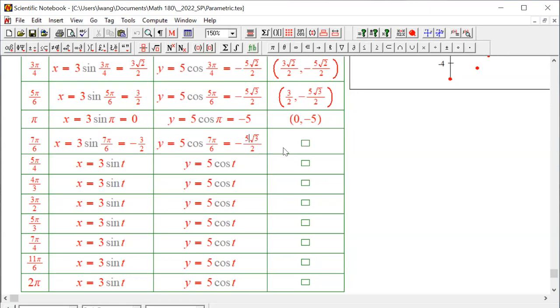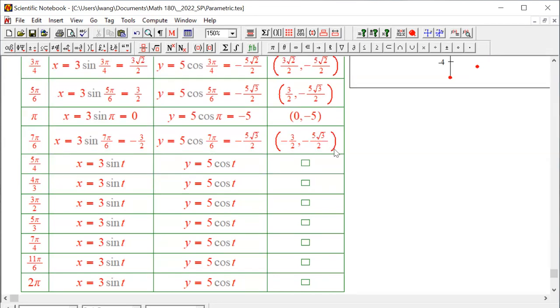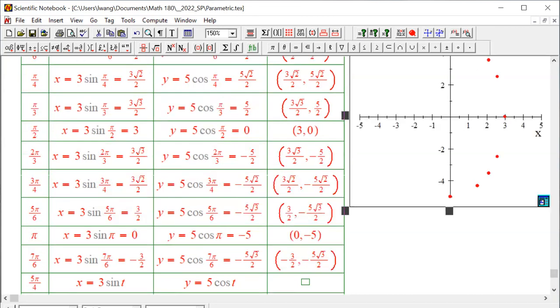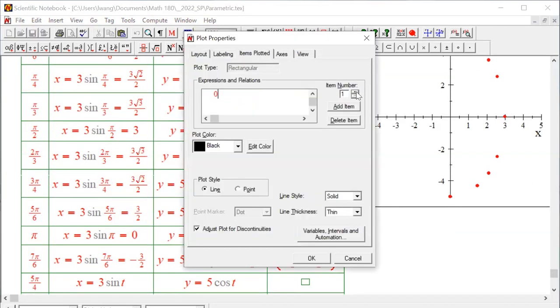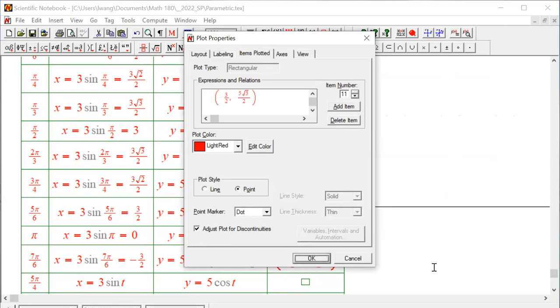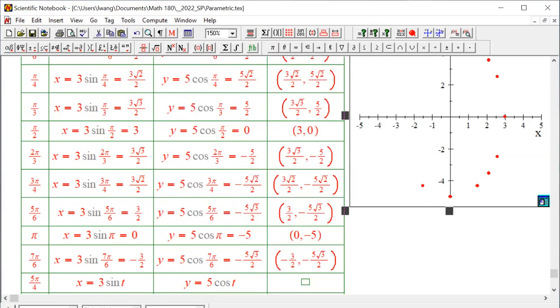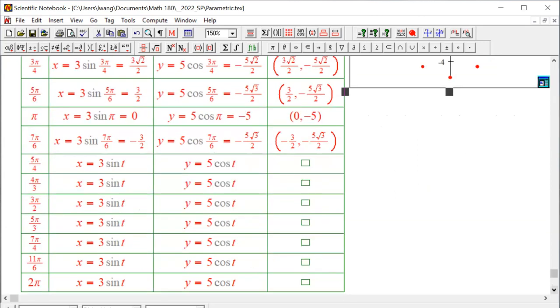And here we go, we got another point: -3/2, -5 times √3/2. I'm going to put it on the graph. The point is in the third quadrant. Shall we do this one by one?